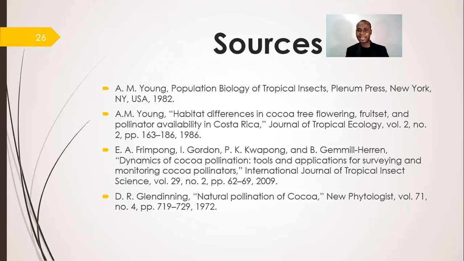But I must say that if you are able to set up the irrigation system on your farm, that alone can double or triple your yield. It can really increase your yield significantly. So take note of this.